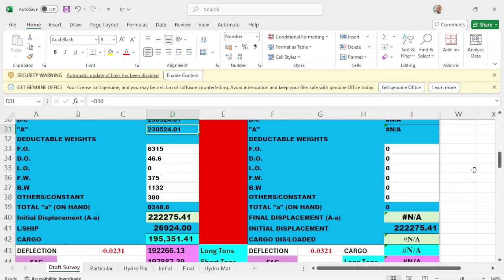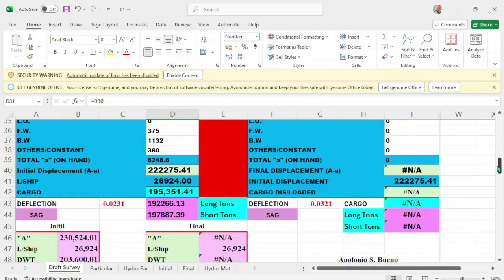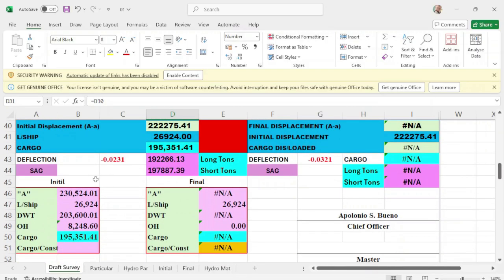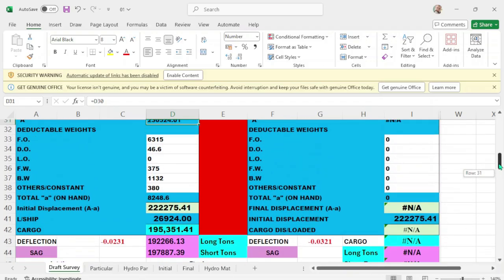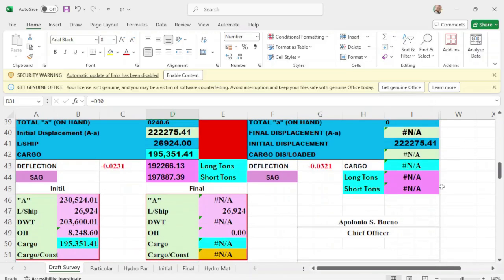This should be your cargo. But for checking, this will be your A, your true displacement, this one. Okay, then it goes minus your light shift. Your light shift is this one.